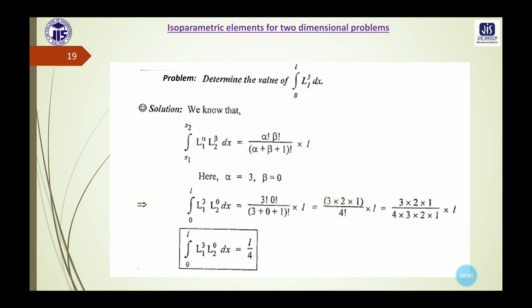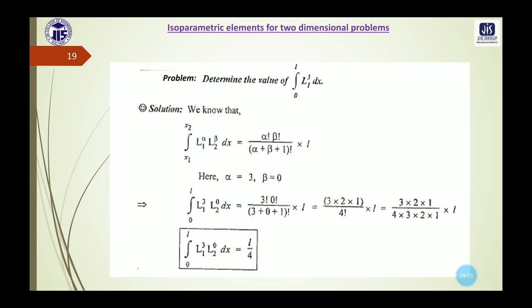Here the formula that we will use is integration x1 to x2 of L1 to the power alpha, L2 to the power beta dx, which equals factorial alpha factorial beta divided by factorial of alpha plus beta plus 1, multiplied by L. Now if we compare the given question with the formula, we get that the value of alpha is 3, and the value of beta is 0, because in this question there are no terms related to L2.